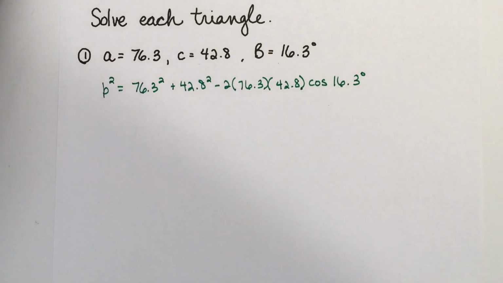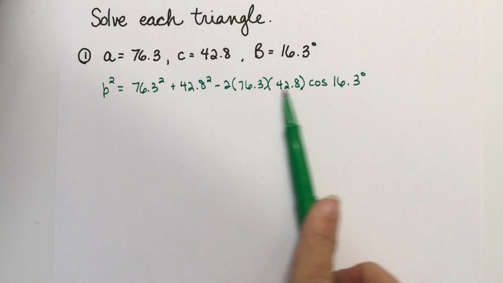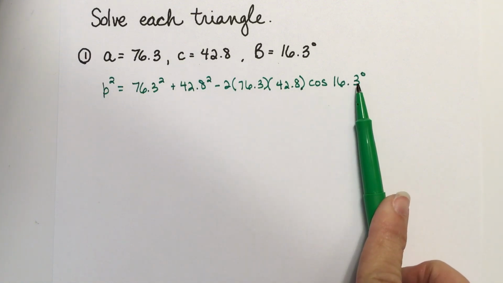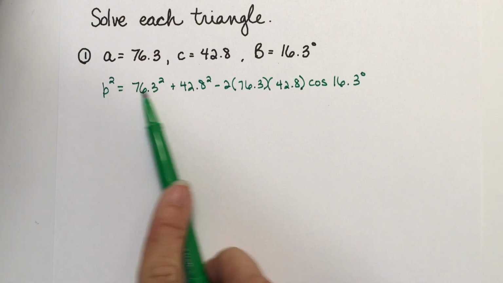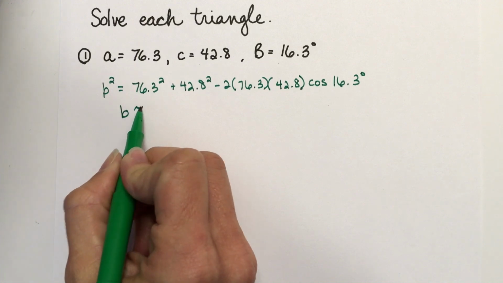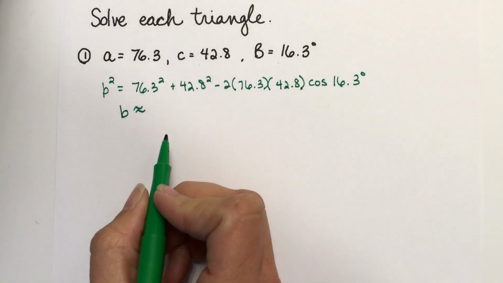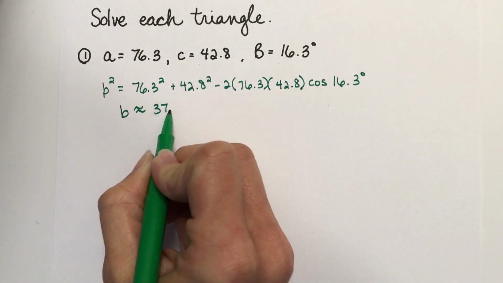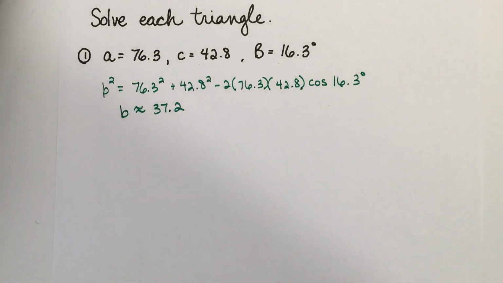Now you can put this in the calculator exactly the same way that I did a while ago. Just enter all of this in one step, but then remember you've got to take the square root of both sides. So once you enter this in, take the square root of all of that, and your answer will come out to be 37.2.